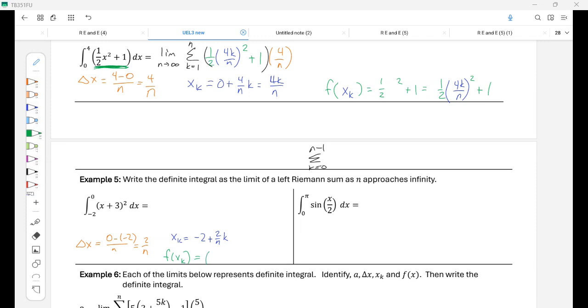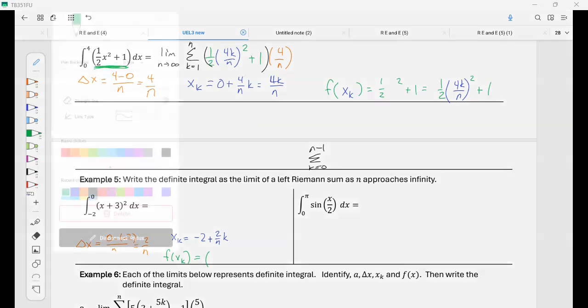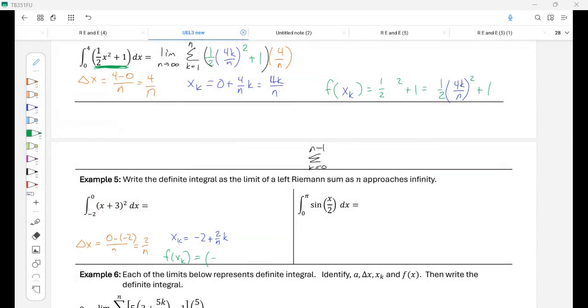So that is going to be x plus 3. So -2 plus, I want to do that in blue, not green. So there's my xk, -2 plus 2k over n, plus 3. And then square it.